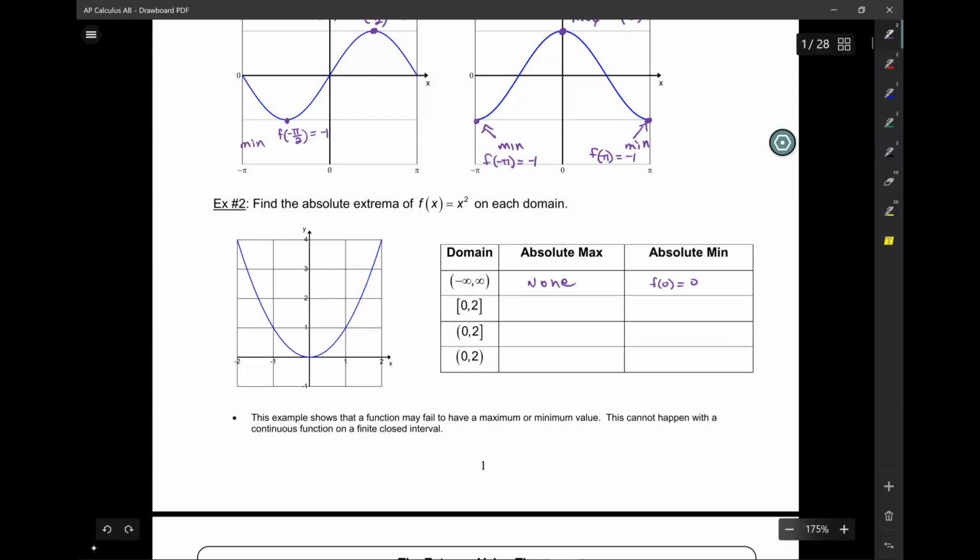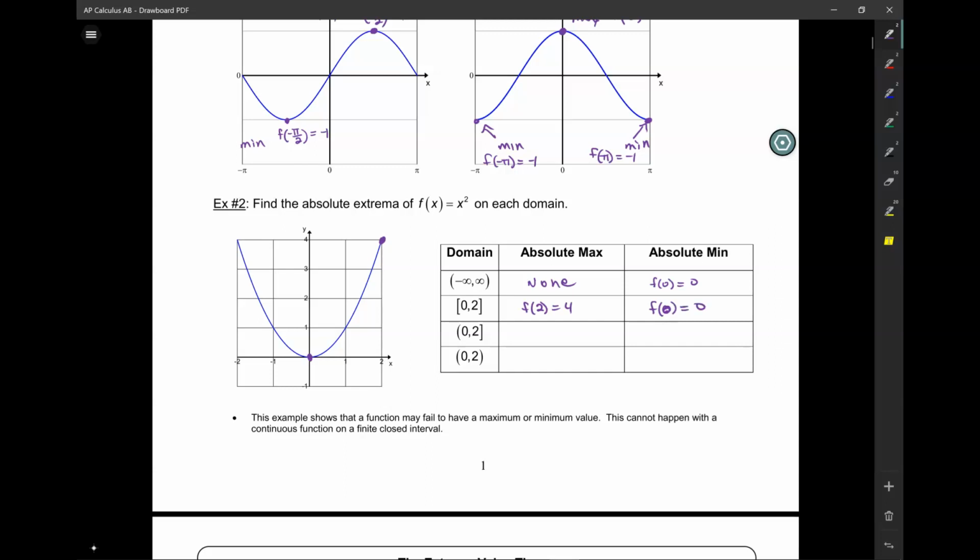If I go from 0 to 2 inclusive, here I have very clearly defined boundaries. The absolute maximum is f of 2 equal to 4, and the absolute minimum is f of 0 equal to 0.